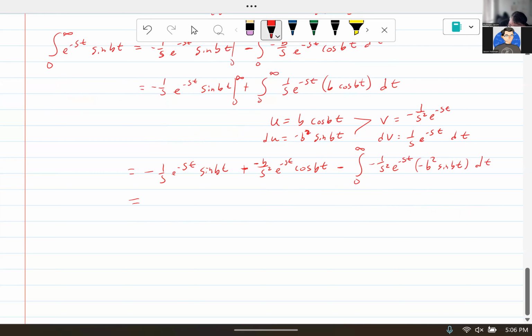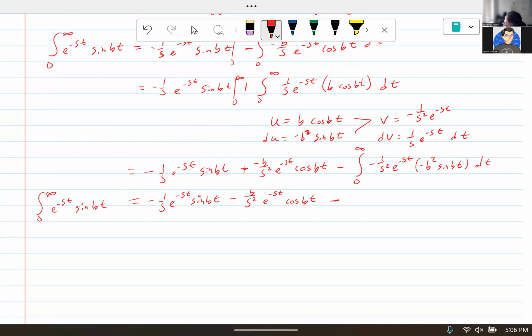Remember what this is equal to? The original was the integral from 0 to infinity of e to the negative st sine bt. And so we get negative 1 over s e to the negative st sine bt, minus b over s squared e to the negative st cosine bt. And then I've got three negatives here, and I can reconcile those by putting one negative on the outside.